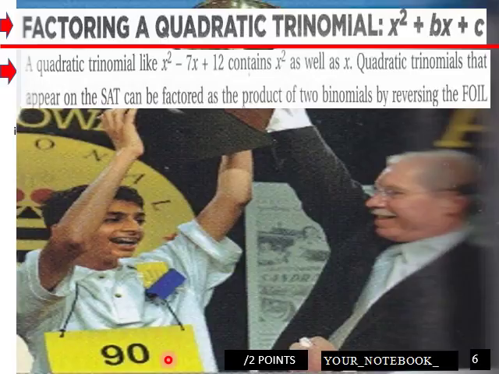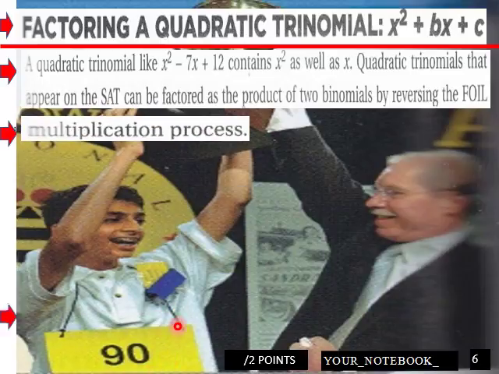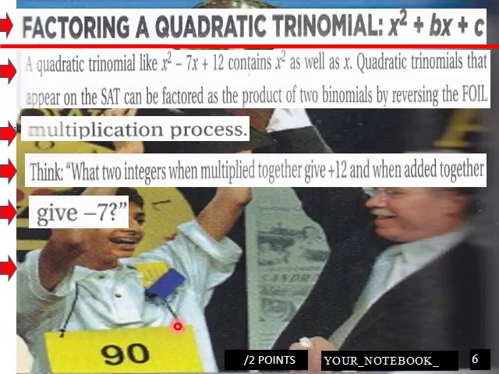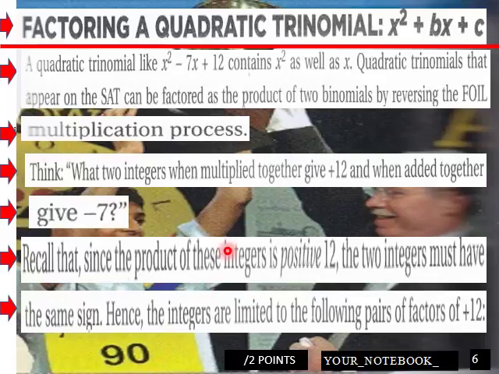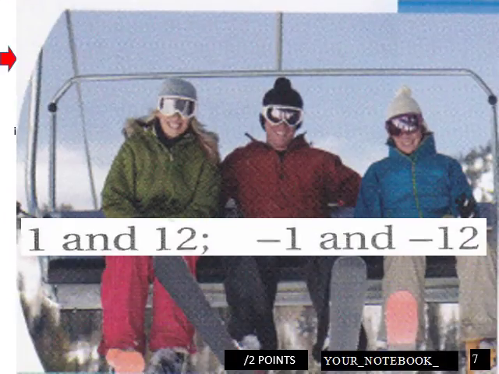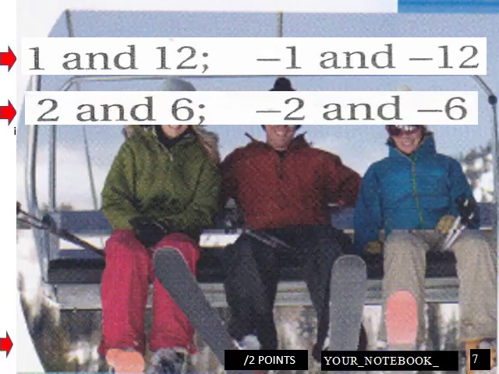Factoring a quadratic trinomial. So what two integers, when multiplied together, give positive 12 when you're factoring trinomials here? You always have to think about your C element of a trinomial. That's usually the key part of factoring a trinomial when A is 1.